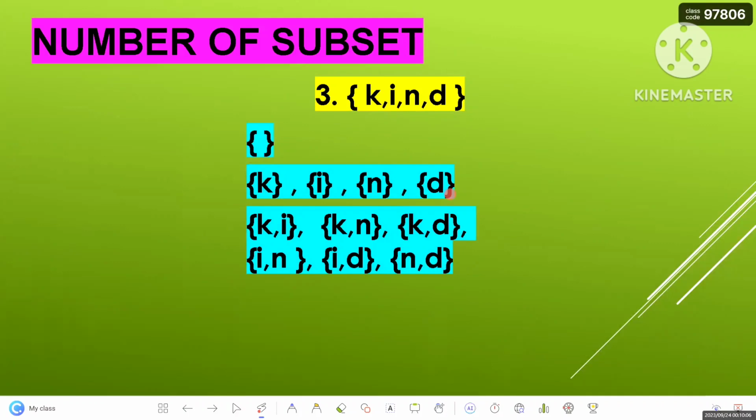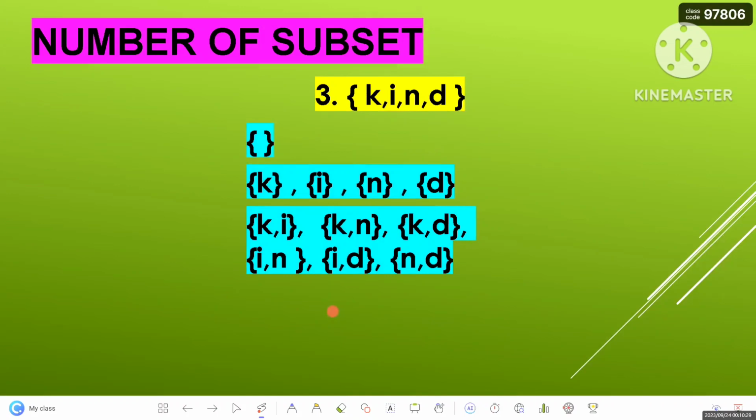What about the double elements? KI, start, followed by KN, KD, IN, ito to, IN, ito to, dalawa, ID, and ND. So these are the double elements.